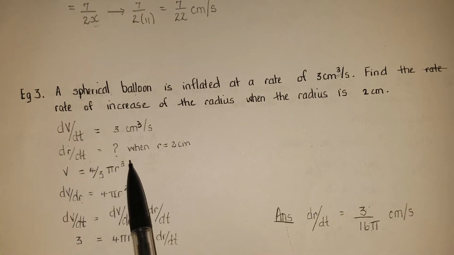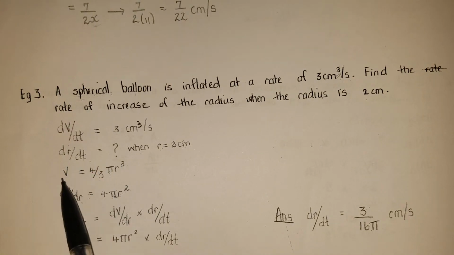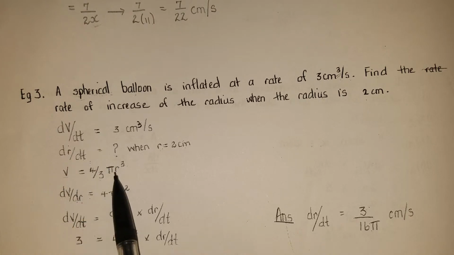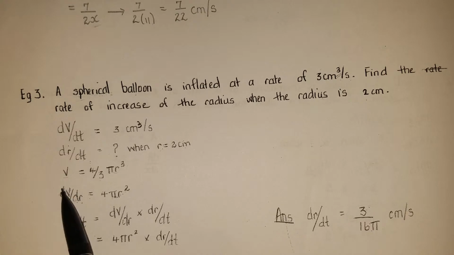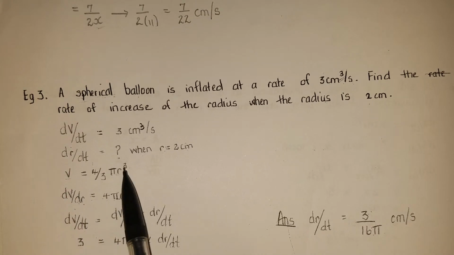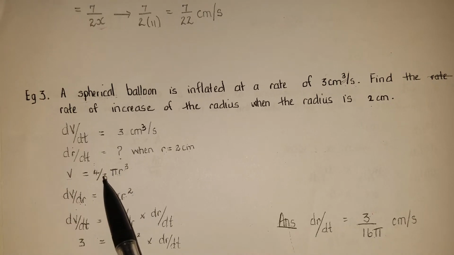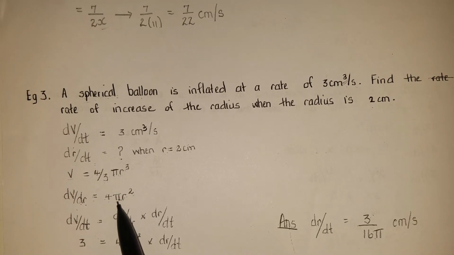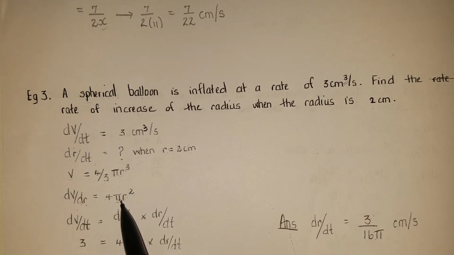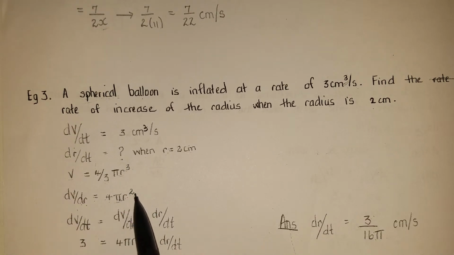When this equation gets differentiated, we get dV/dr, because the function is V and the variable is r. So dV/dr equals 4 pi r squared, because 3 times 4 over 3 is 4. We write back the constant and subtract 1 from the power. That's why we have 4 pi r squared.